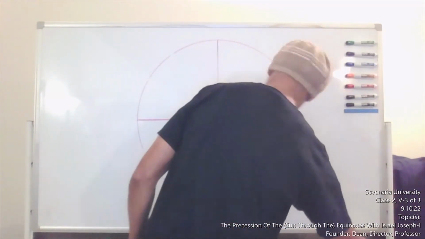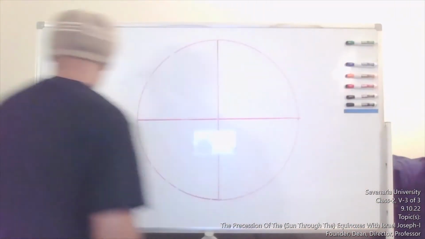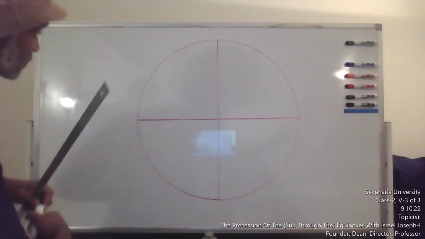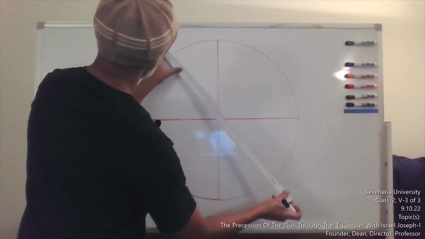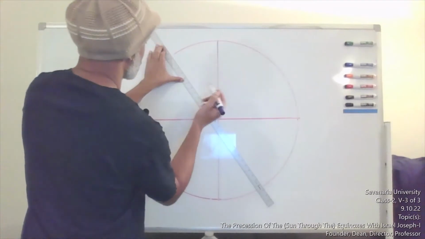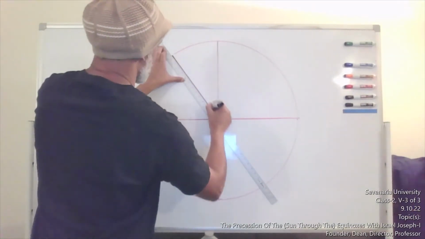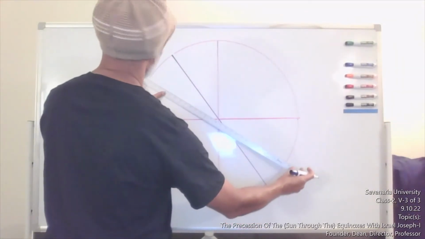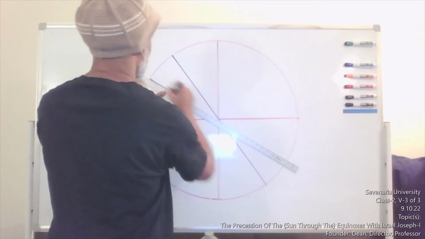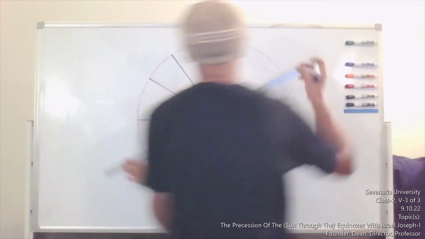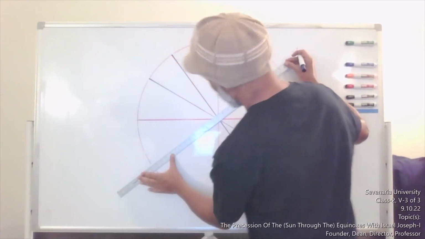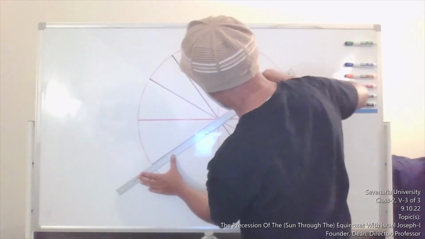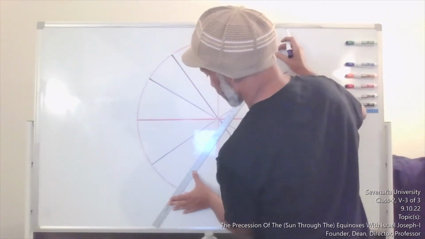Okay, let's go ahead and draw in the other parts of this graph, as we ought to do. So we're going to be describing the sun's path through its year, as opposed to the sun's path through our year, which is what we described in the last video, right?